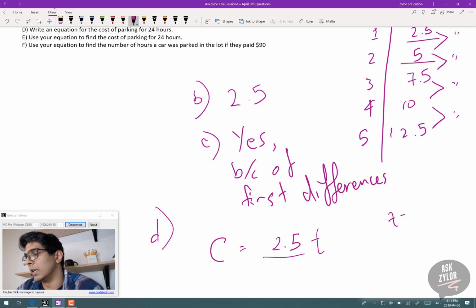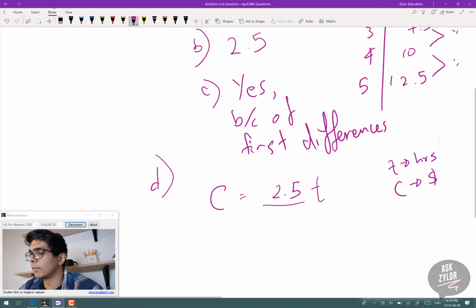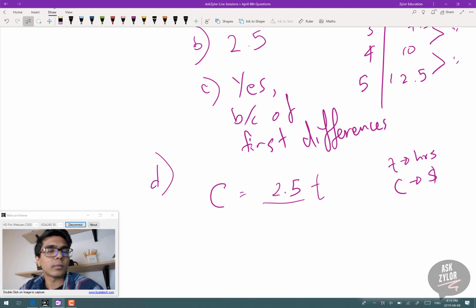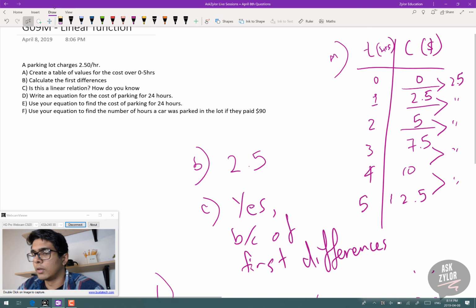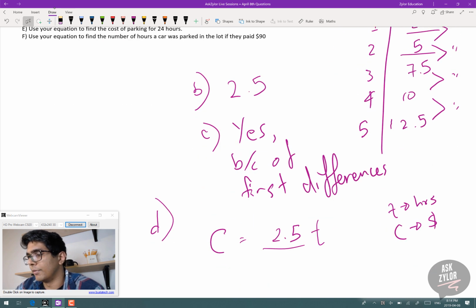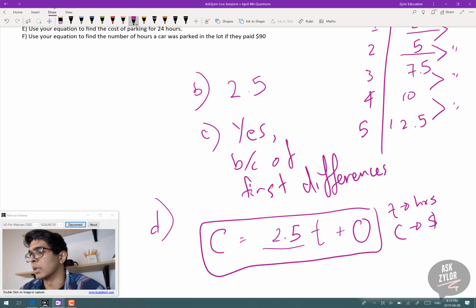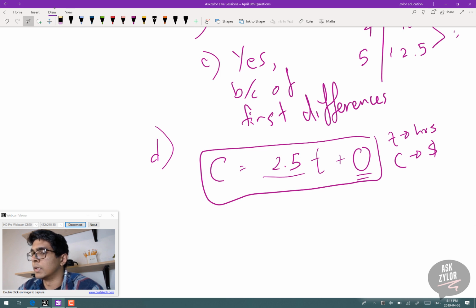And my time will be in hours, and my C will be in dollars. So I don't really have a y-intercept because I don't have an initial cost. If I had an initial cost, that's when I would put it as C is equal to 2.5t plus that initial cost. But since I don't, I'm just going to put 0.